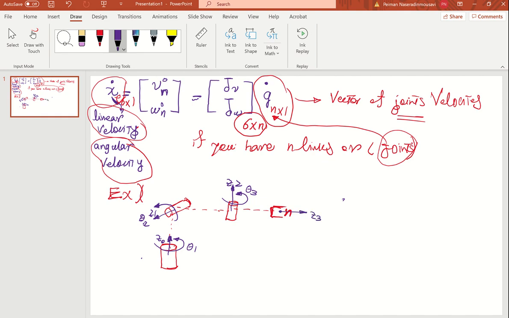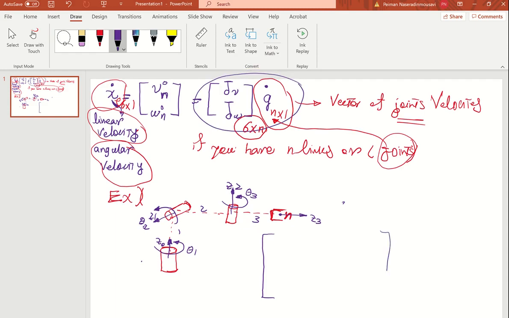But how many links do you have? You have 1, 2, 3 links, and for this specific problem you have 3 joints. The Jacobian matrix, as I'm writing here for this point, has 6 rows, 1, 2, 3, 4, 5, 6.